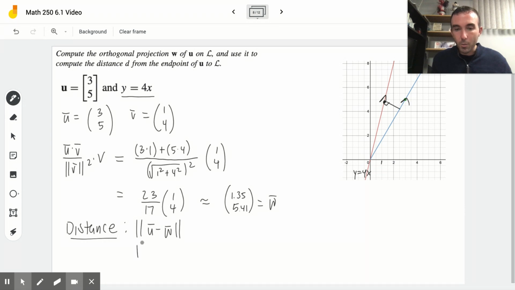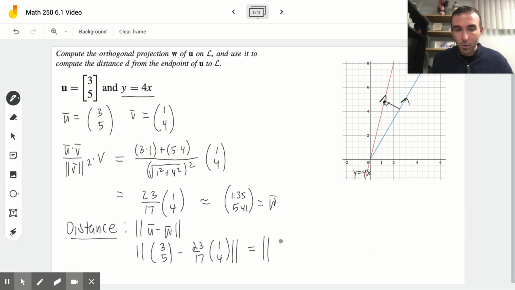So this would be the norm of (3, 5) minus 23/17 times vector (1, 4). So just a bunch of messy arithmetic.